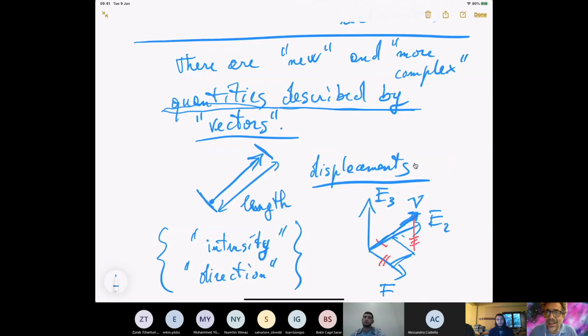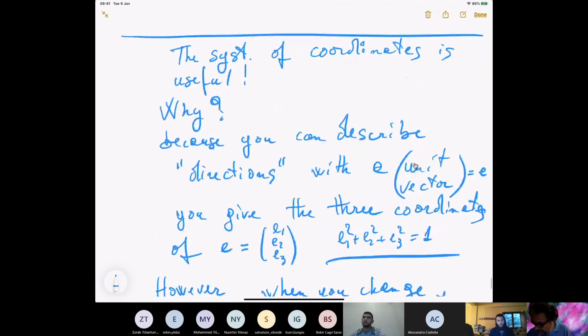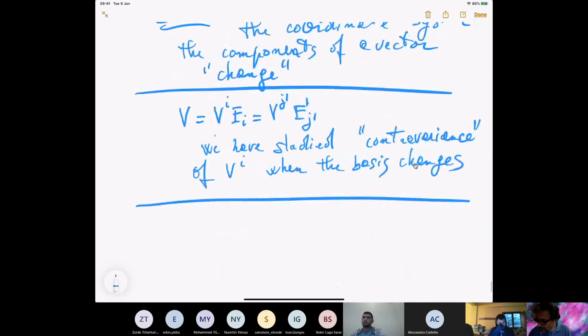Scalar quantities are very well described with real numbers. Instead, vector quantities require components, and you must learn how to study the change of components when the basis is changed.